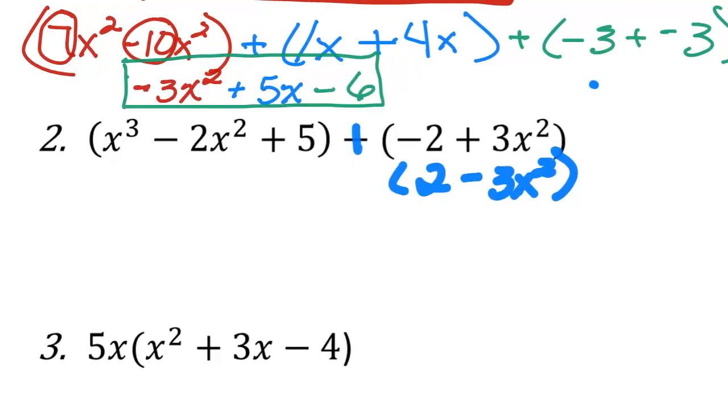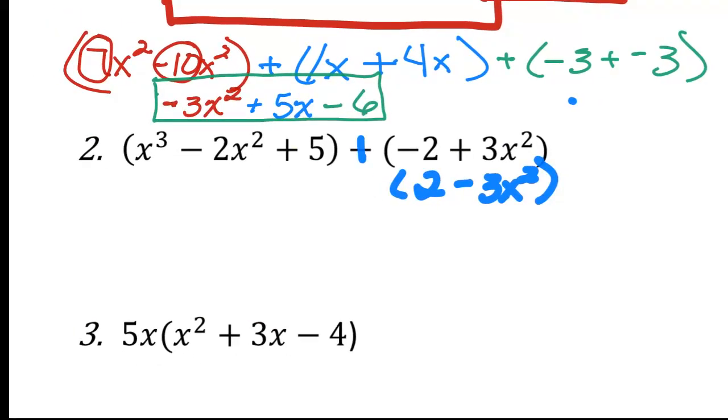All right. So then I look and say, do I have any other x to the thirds that I can add with that? Survey says no, I do not. So that is the only x to the third. All right. Then I go to negative 2x squared.